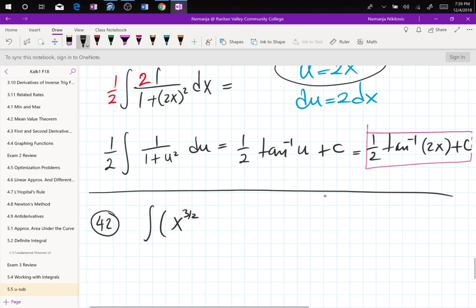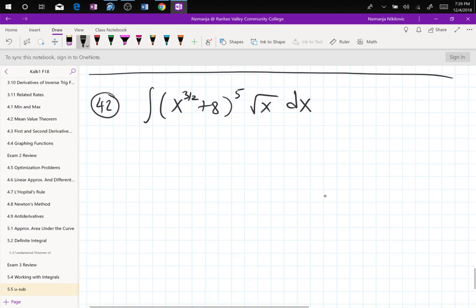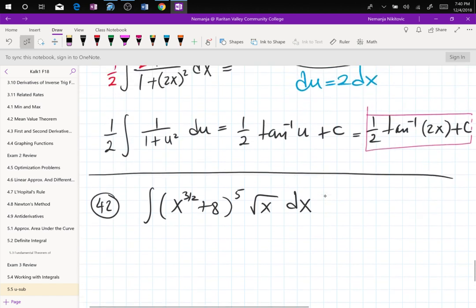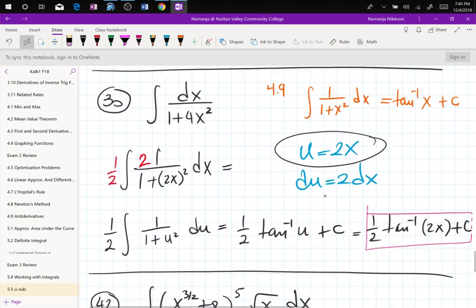The integral of x to the 3/2 plus 8, raised to the 5th power, times the square root of x dx. So I can see if you've written that one. The formula from 4.9.